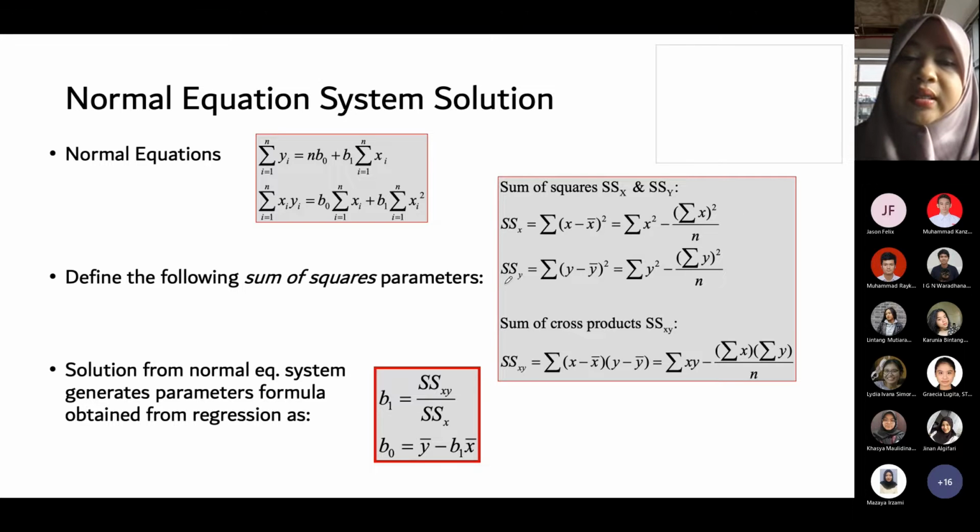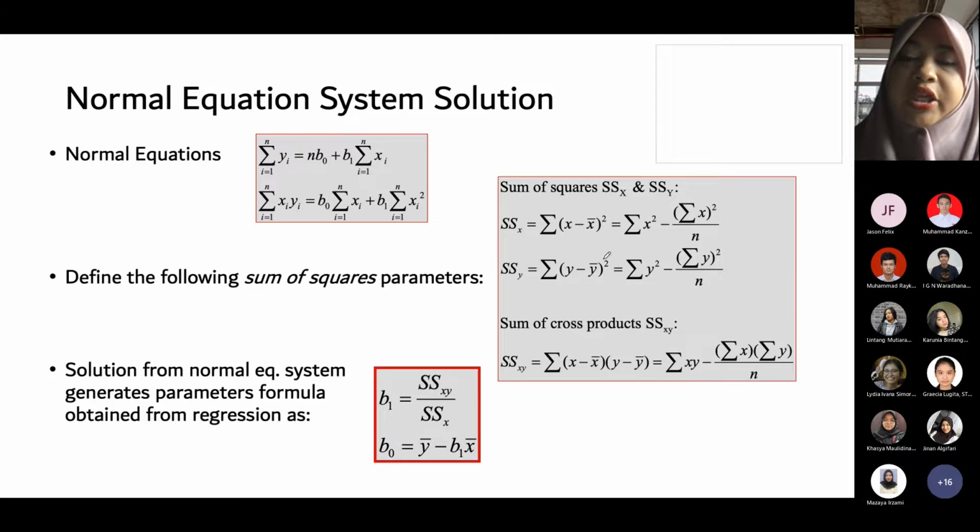The second one is the sum of square of y, which is y of the data minus y of the average, and then you can get it too. The number n is how much experimental data you have.